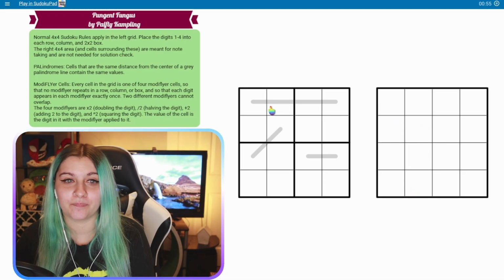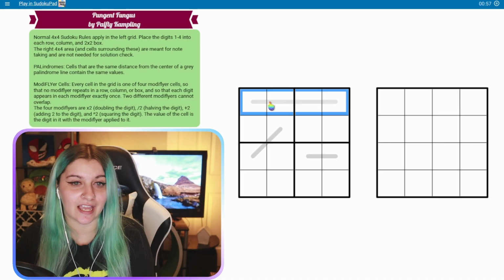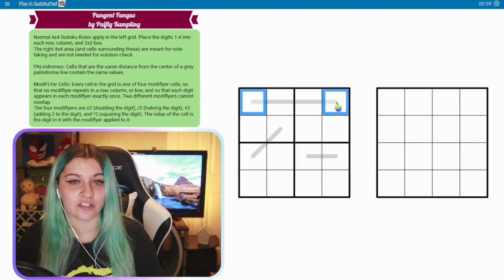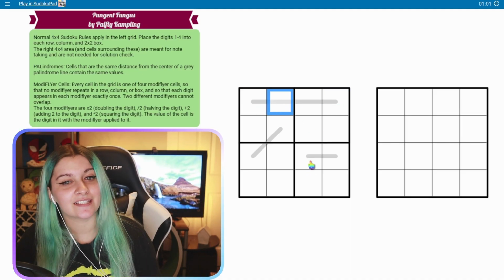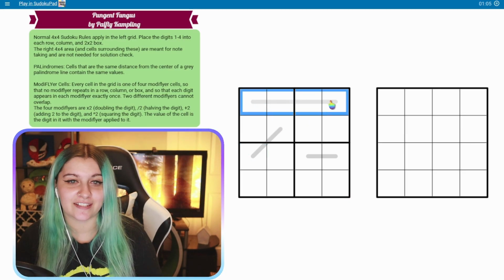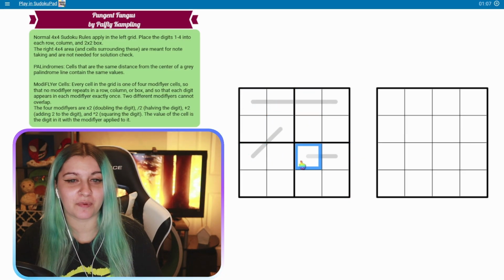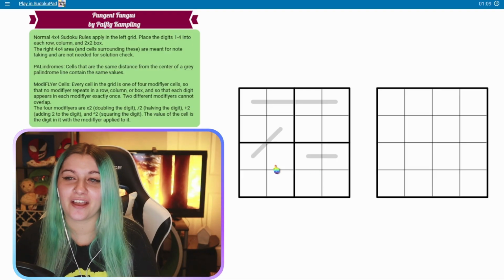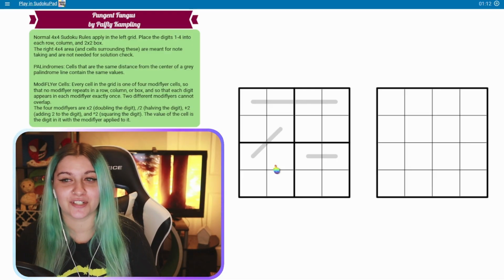Okay, so on this line, this digit and this digit will have the same value, and this digit and this digit will have the same value. I see some issues with that so far, but we'll keep reading. We have modifier cells.